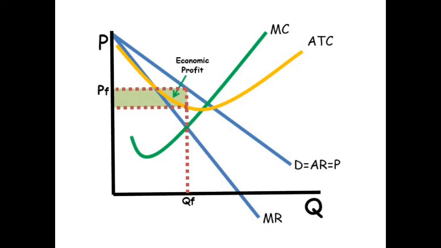A monopolist will determine its economic profit based on the formula: price minus average total cost, multiplied by quantity, will determine the size of the economic profit.